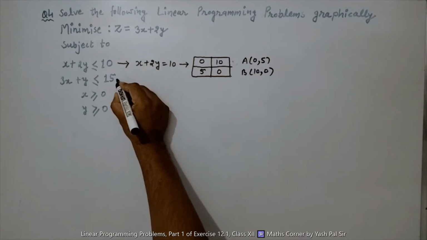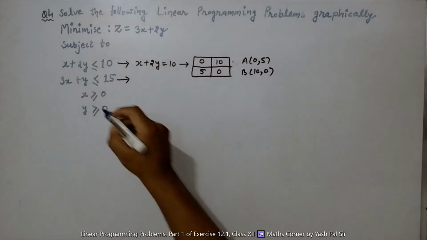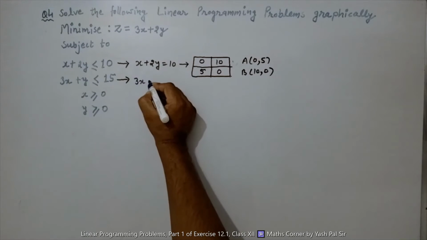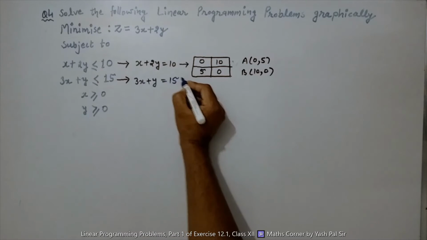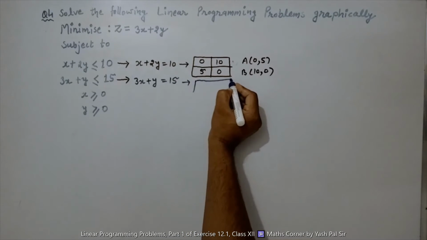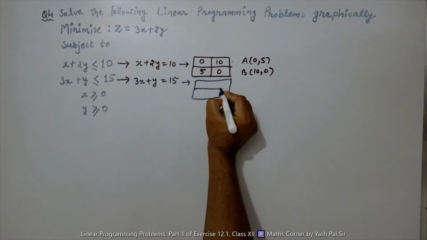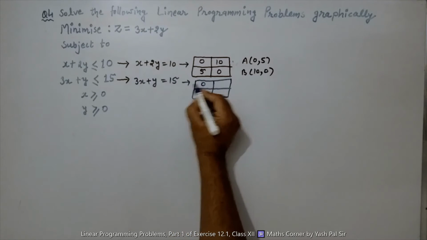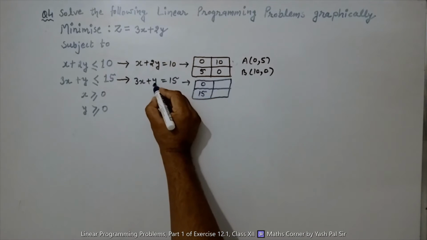Now similarly, second time we are taking the second inequality. Changing this inequality into equality, we have 3x plus y is equal to 15. Here also we have the table which gives the values of x and y. If x is 0, then y is 15.